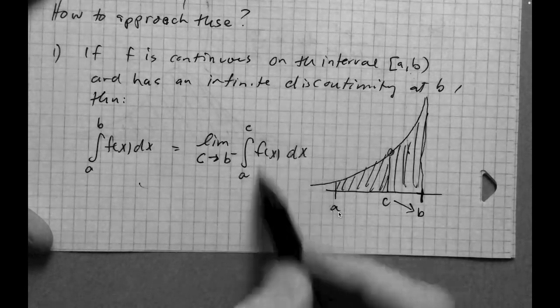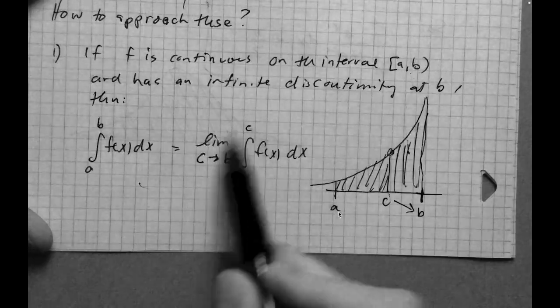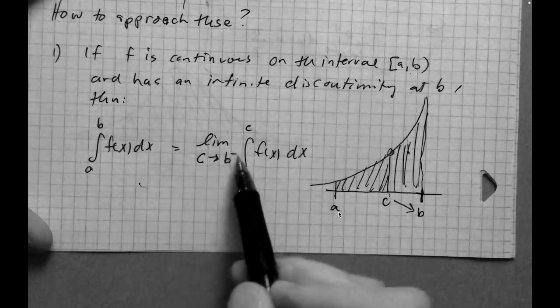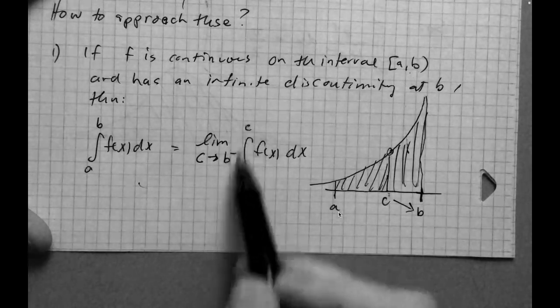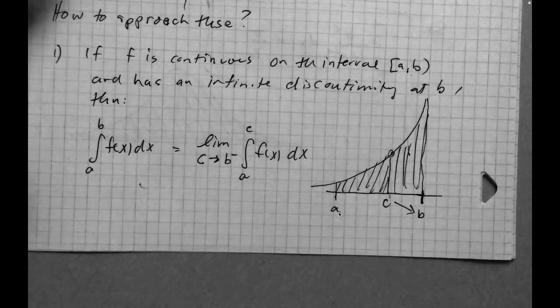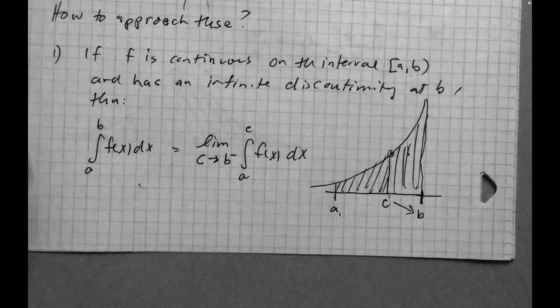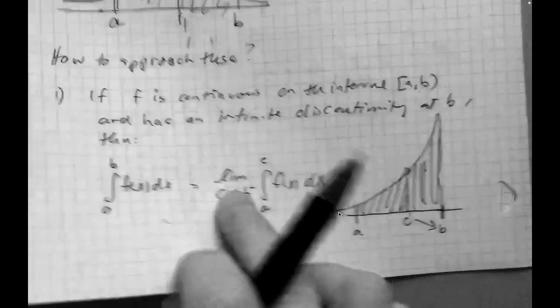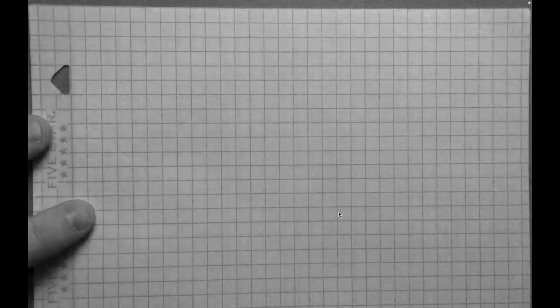We'll calculate from A up to just C the normal way, and then we'll let that upper bound approach B, the vertical asymptote. Okay, we'll do an example in a second. Let's just bang out the other two cases. They're all kind of similar. It's more just writing them down formally.